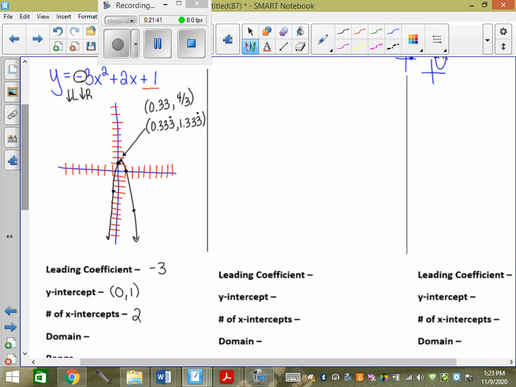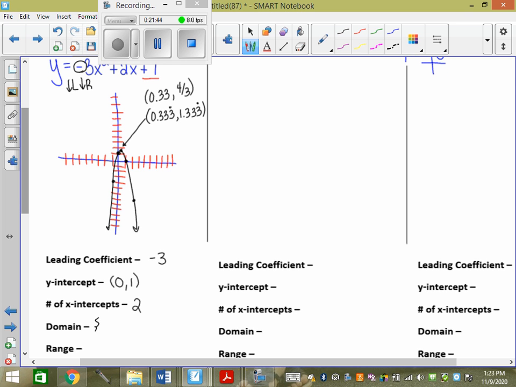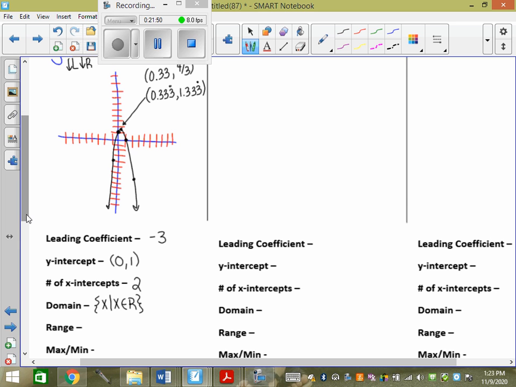What's my domain? What's my range? Yes. Y such that y is less than, and it's equal to because I literally found it, right? So it's not just less than. It is less than because it's the highest it can be, but it's also equal to because it exists there.